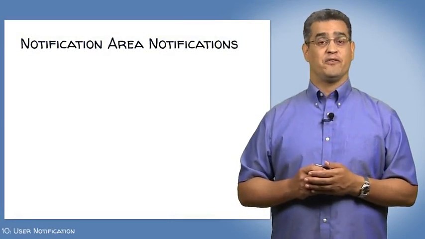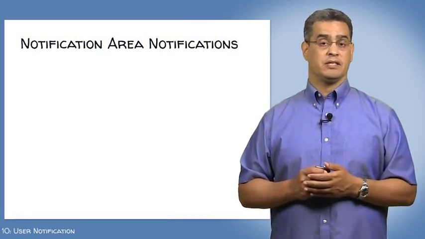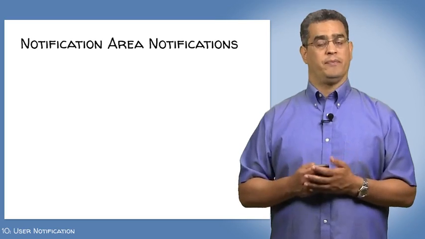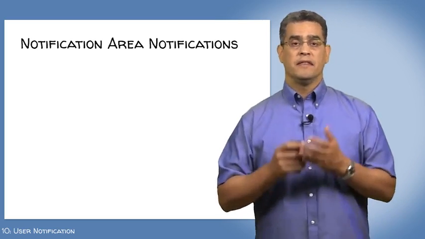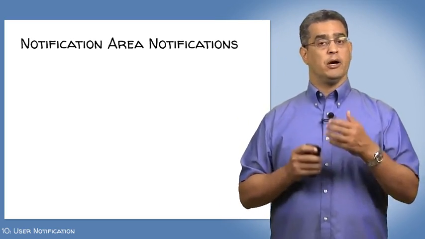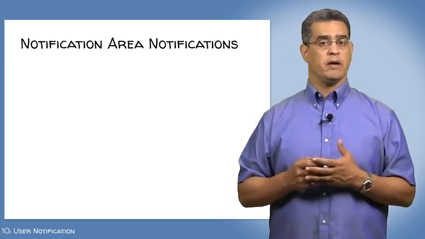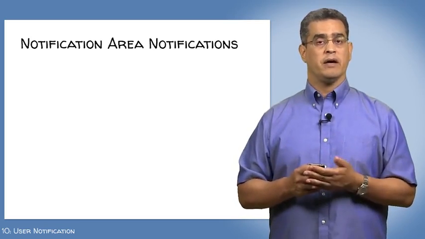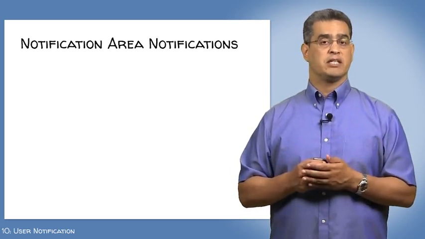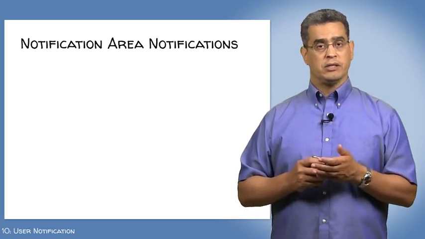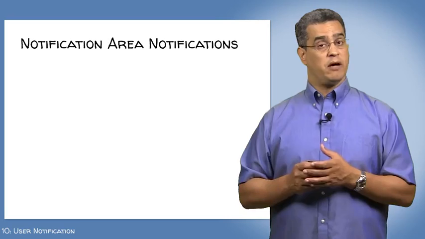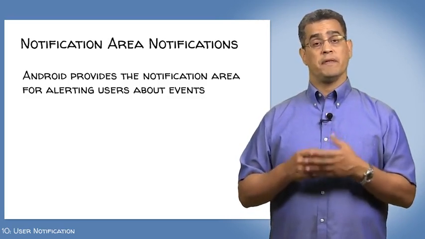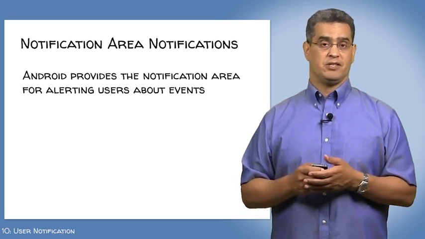The other kind of user notification that we'll talk about in this lesson are notifications that appear in the notification area. And as I said earlier, this kind of user notification appears in the system-controlled area at the top of the device, called the notification area or the status bar. Applications and the Android system itself can use this area to inform users about the occurrence of various events.